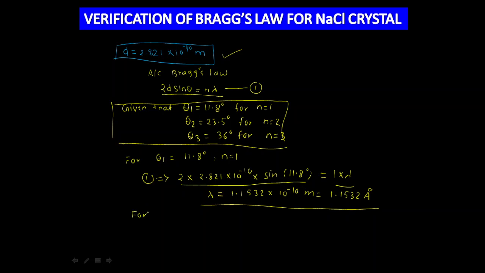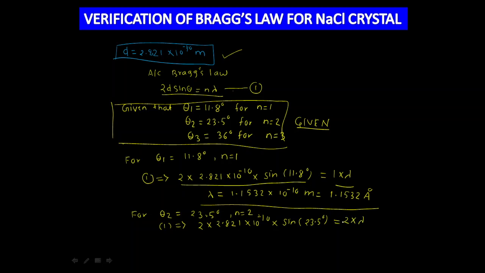Similarly, for theta 2, theta 2 is nothing but 23.5 degree. That is the given condition. All these conditions are given while asking that question. And n equal to 2. So after putting this, equation number 1 becomes 2 into 2.821 into 10 to the power minus 10 into sine of 23.5 degree is equal to 2 into lambda.